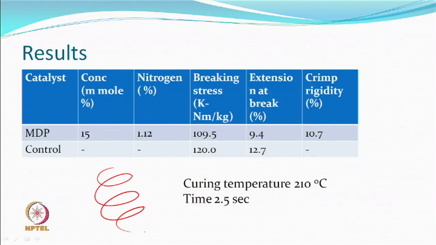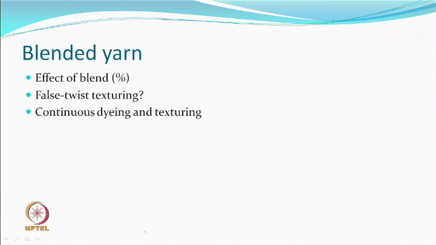That means this material is now a textured yarn, which obviously has got a helical structure, and you can do stretch and bulk both. So, if you have this process coming up to this level, one can use a blended yarn also, like polyester viscose, polyester cotton. If times are less, then you may think of continuous texturing.